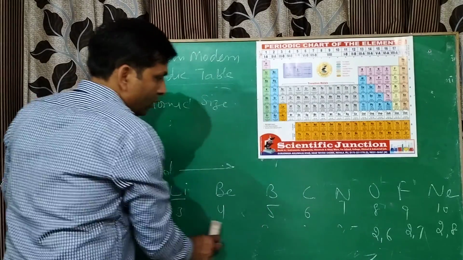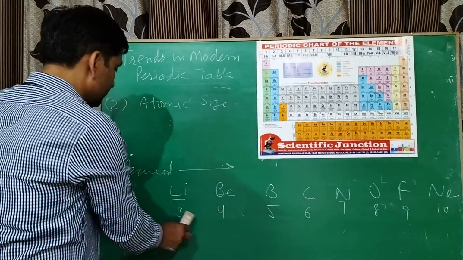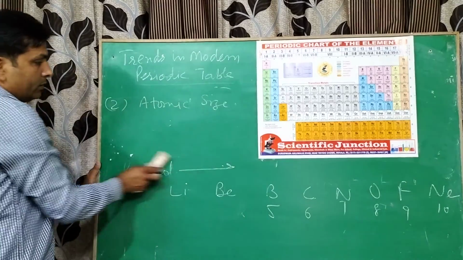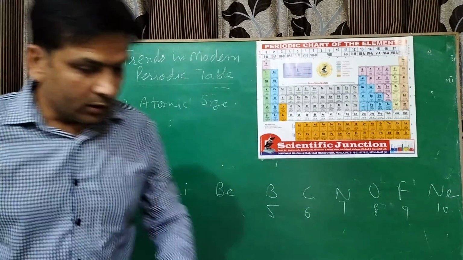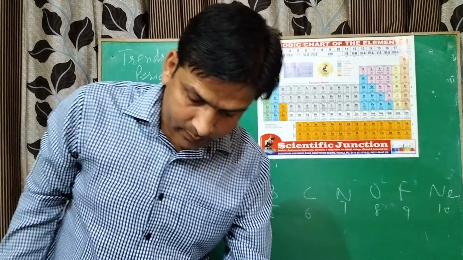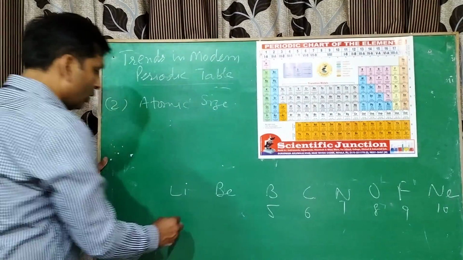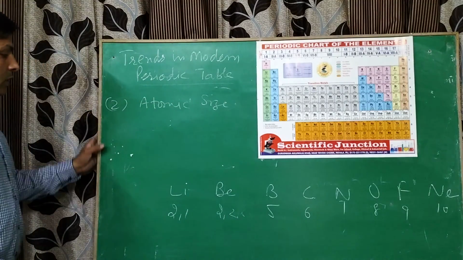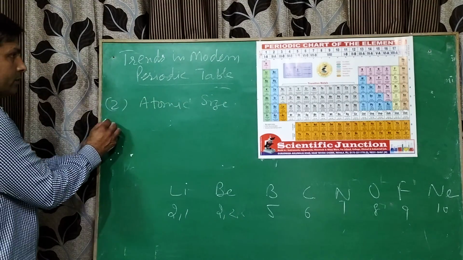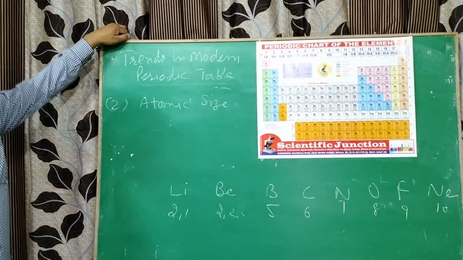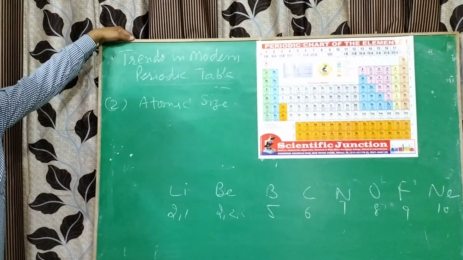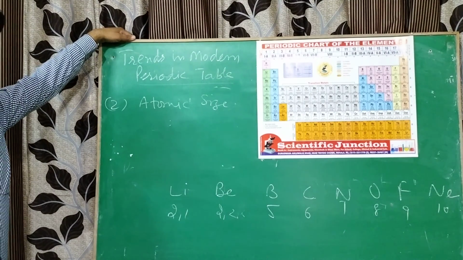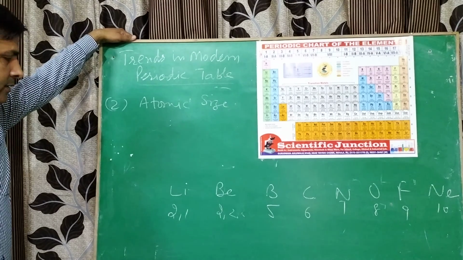Okay. Now let's talk about the next trend. What is that? Metallic and non-metallic properties. First of all, we should know on what factors this character depends.